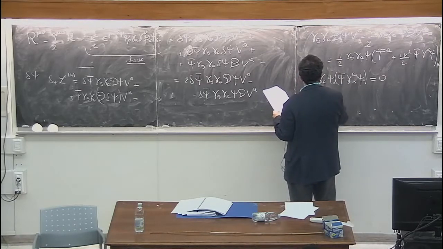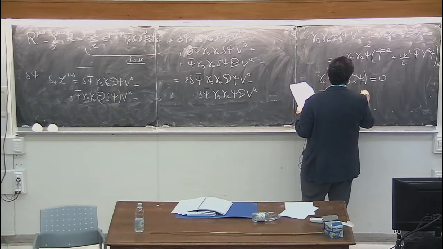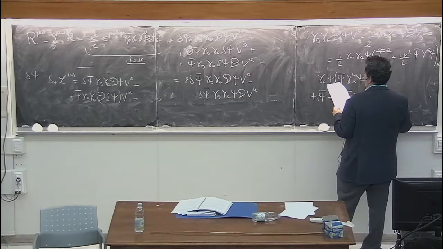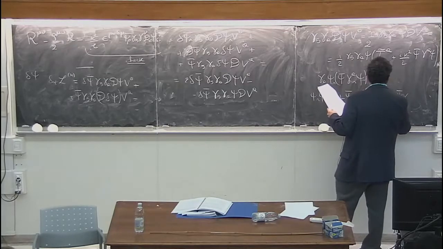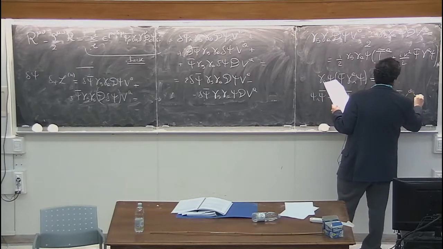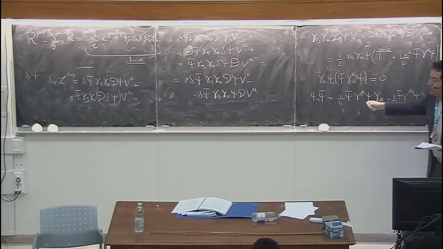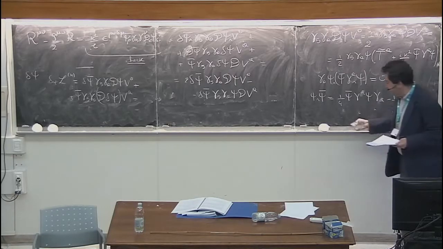The Fierz identity you need to use is 1/4 gamma mu psi gamma mu minus 1/8 psi bar gamma a gamma ab psi gamma ab. Because these are the only currents which can exist in terms of size.